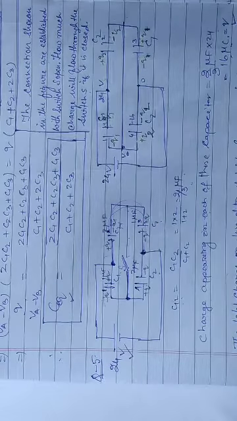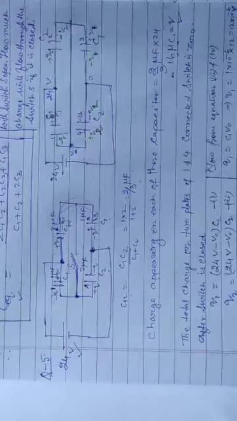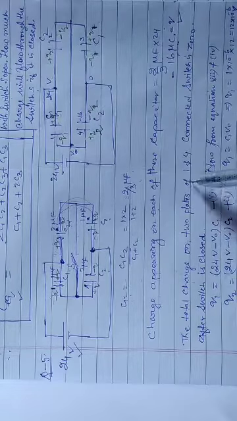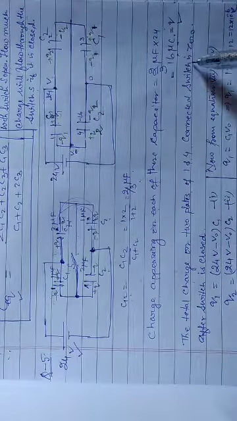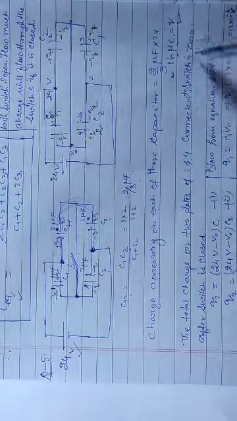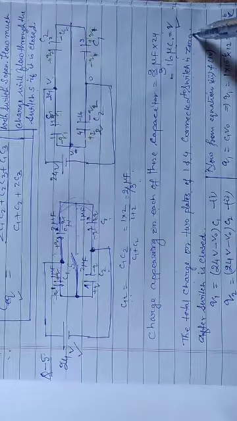The total charge on the two plates 1 and 4 connected to the switch is 0.